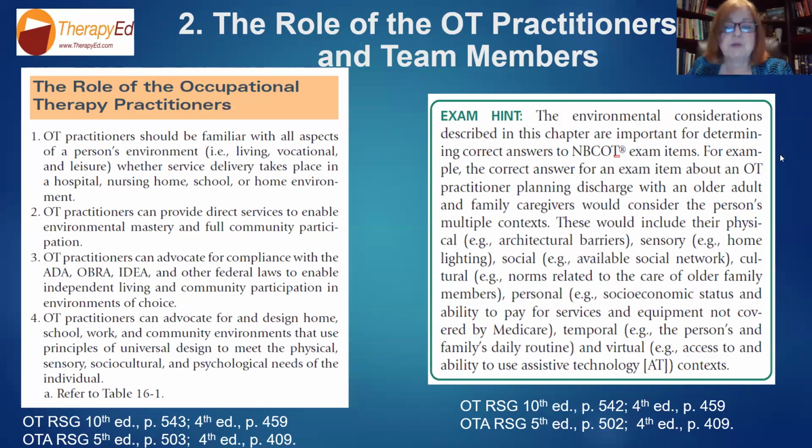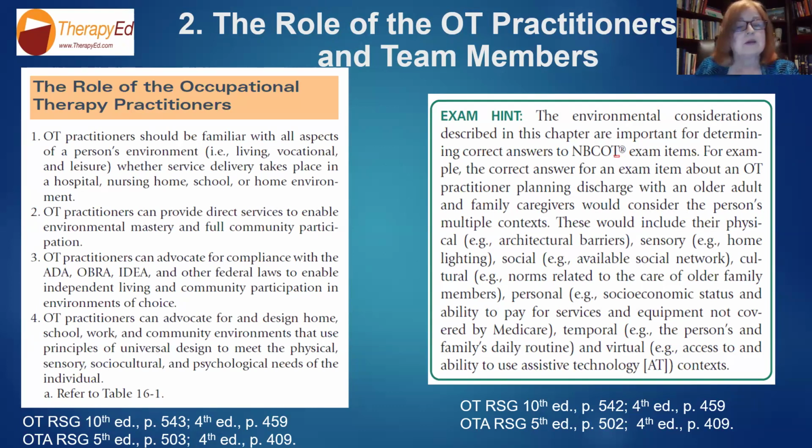So for example, the information we have about the different environmental considerations in chapters 15 and 16 could be about an OT practitioner planning discharge with an older adult and their family caregivers. And in that planning of discharge, you would consider the person's multiple contexts, such as their architectural barriers, which are physical, sensory, the lighting in the home if someone has low vision, social, do they have an available social network or are they socially isolated?